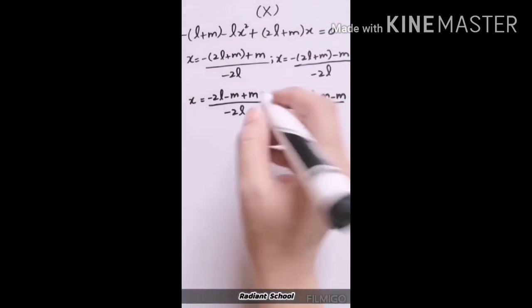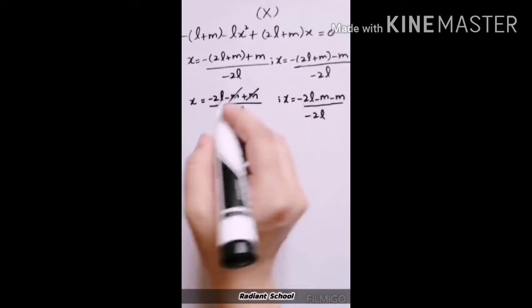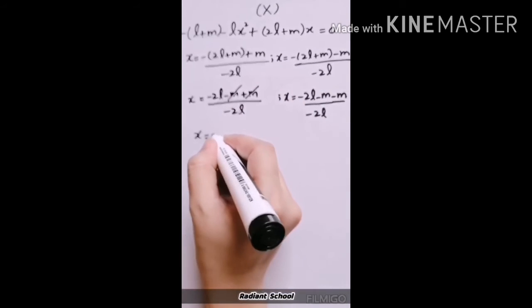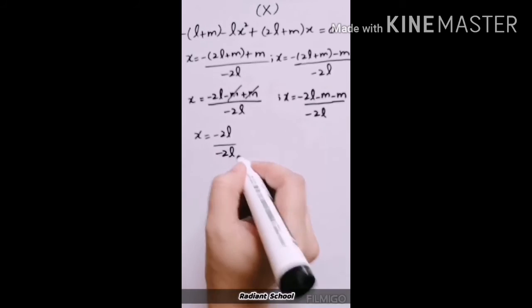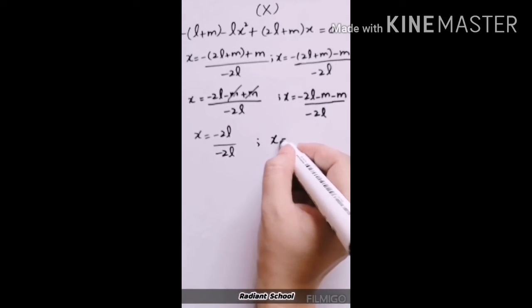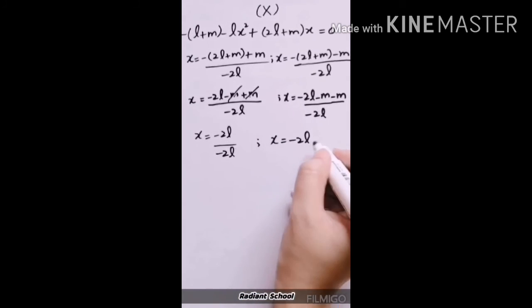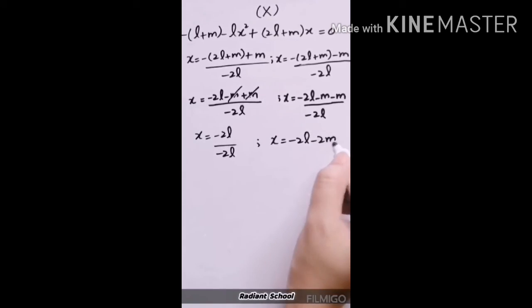Plus m minus m will be cancelled. x is equal to minus 2l over minus 2l. x is equal to minus 2l minus 2m, minus m minus m will be minus 2m.